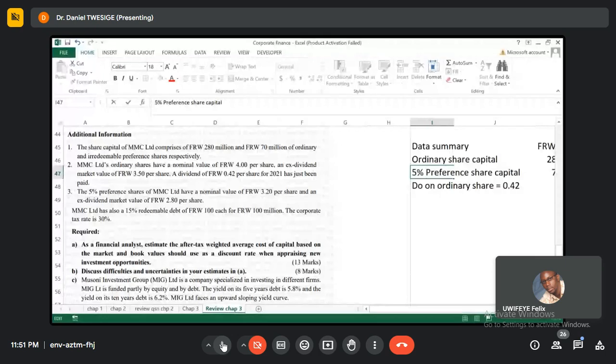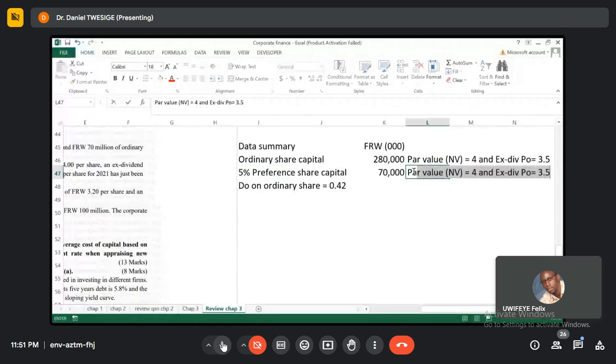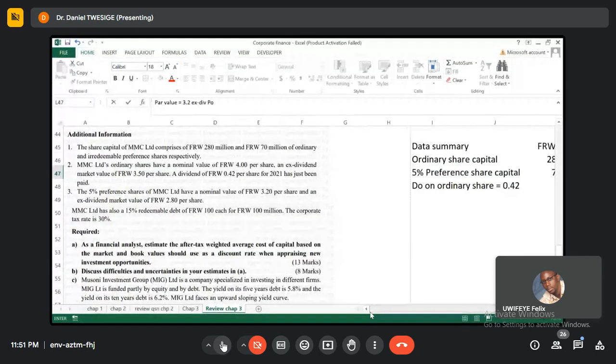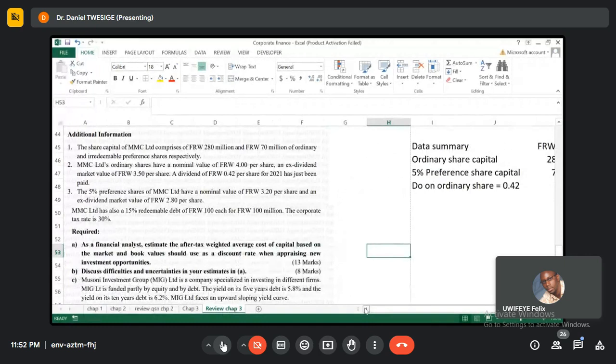The par value here is 3.2, and the ex-div price, ex-div P0, is 2.8. I think now we see the data, the way data is going.